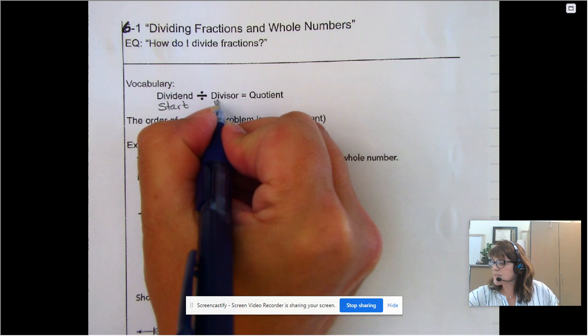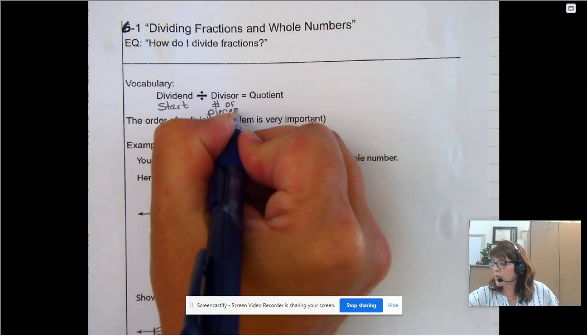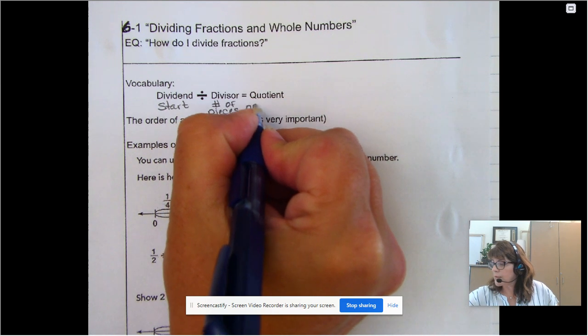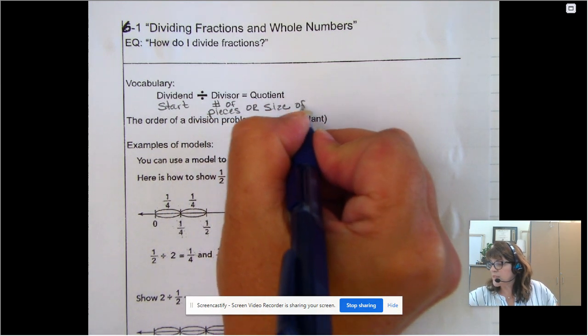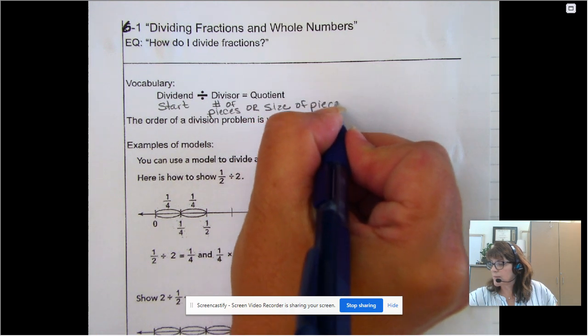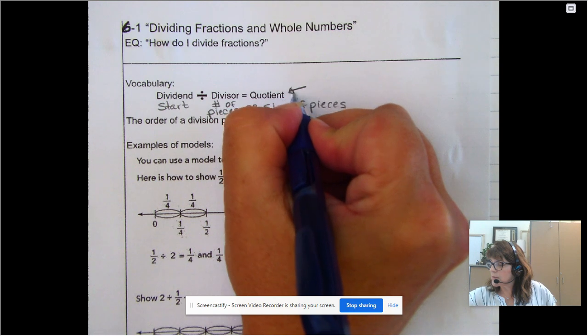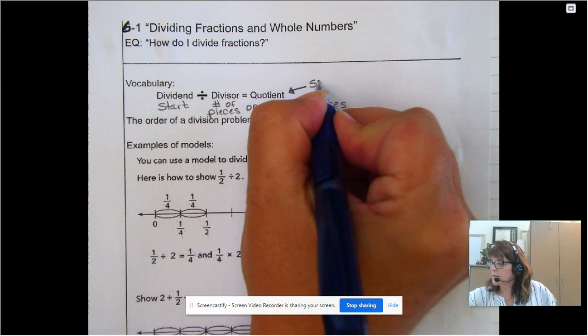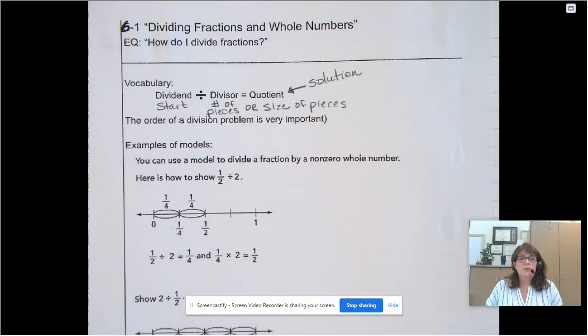Okay, this is the number of pieces or size of pieces. Okay, and your quotient is, or should be, your correct solution.